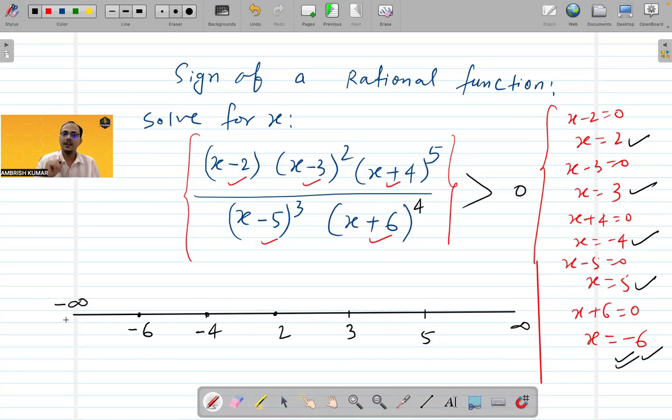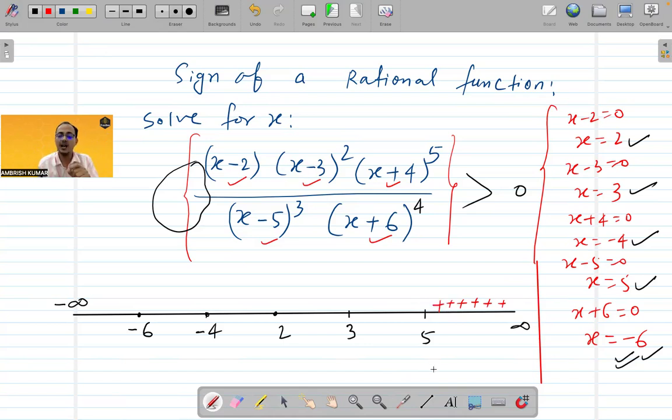Clear? Now see, what is the sign of the expression? Here, before the expression having no sign means it's positive. So whatever the sign that we have before the expression, from positive infinity, you have to start with that particular sign. So it's positive here, so you write positive here. So from infinity, you start giving the positive sign.